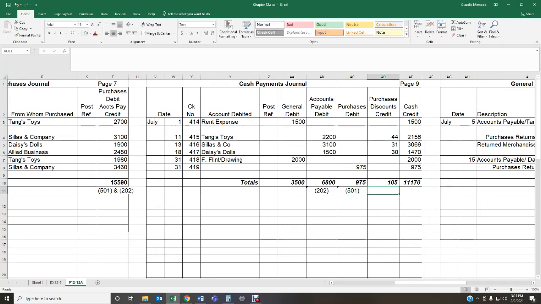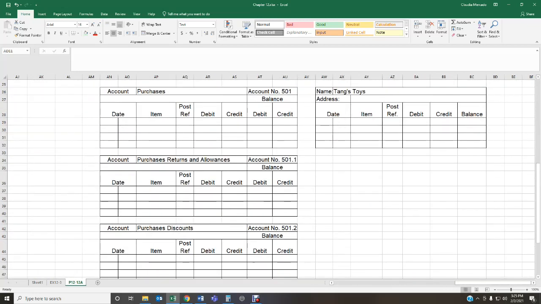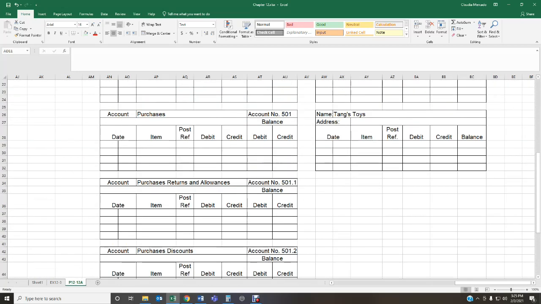Your purchases discount credit, let's go see what account number that is. Purchases discount credits. Okay, purchases discounts, it's 501.2. Okay, so I'm looking for my account number so I can post it, 501.2.